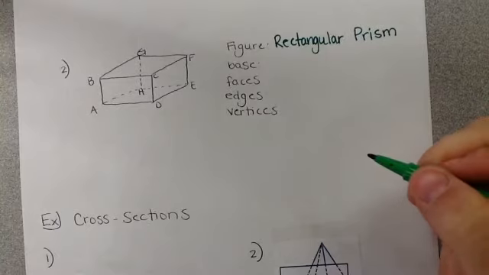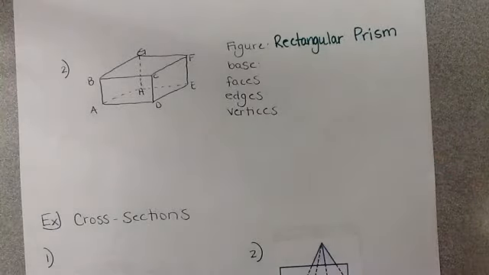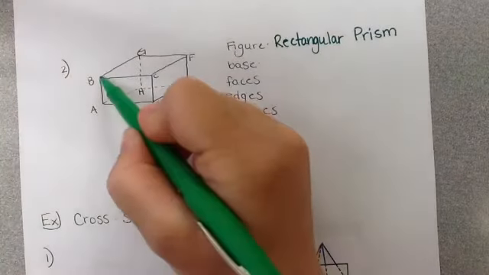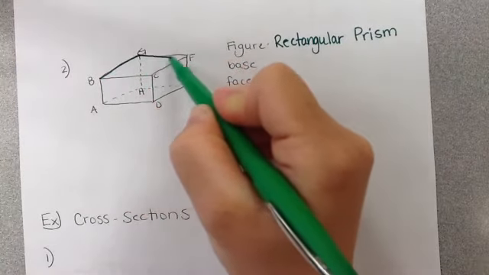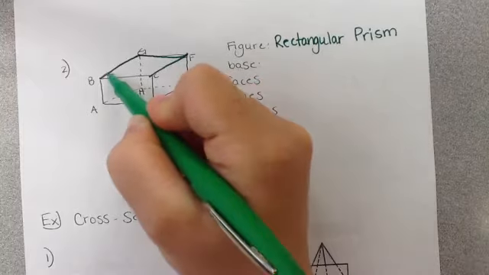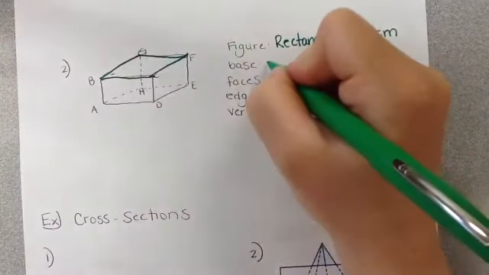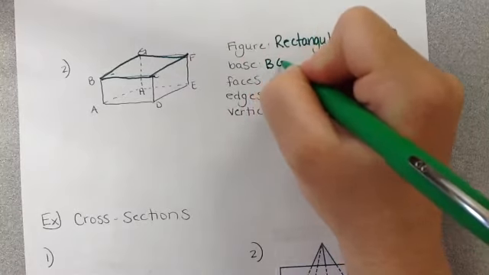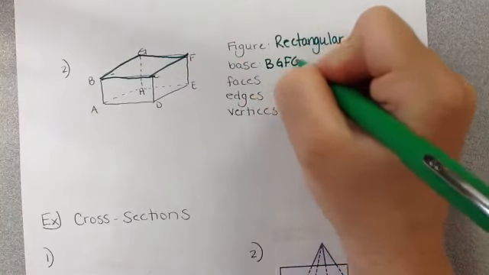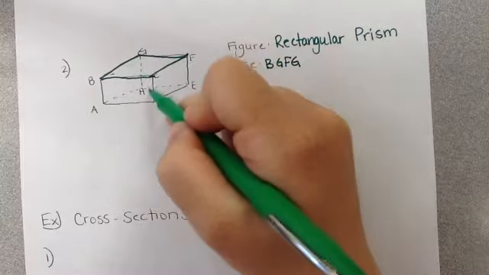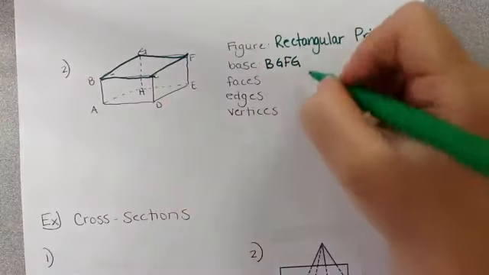The bases, you just need to name 2 of them, so there could be a couple different options. If I went with the top, what would this one be called? And the order of the letters doesn't matter. B, G, F, C. And you should go around it no matter where you start.